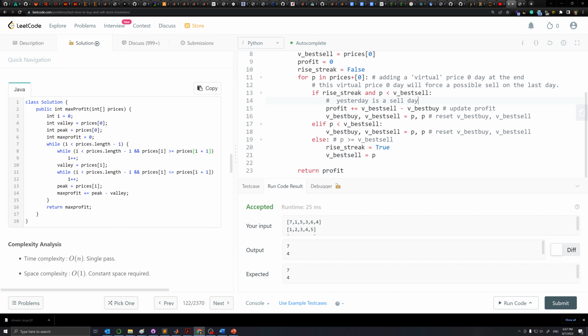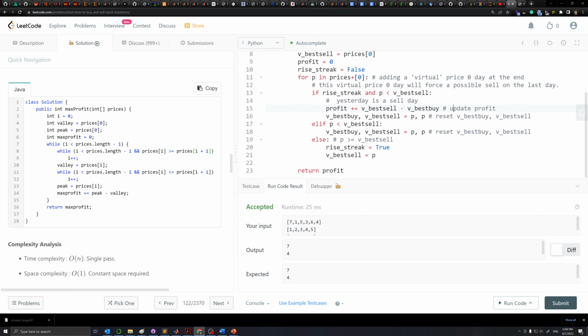If there was a rise streak, and if today is a drop, small or large, anyway today is a drop, then that means yesterday was a local peak, and yesterday is the day when we should sell, and we should add the profit of yesterday's sell to our total profit here. And then we're gonna basically reset our buy and sell to move on, right? Like we just cashed the money, and then we're gonna continue investing onward.